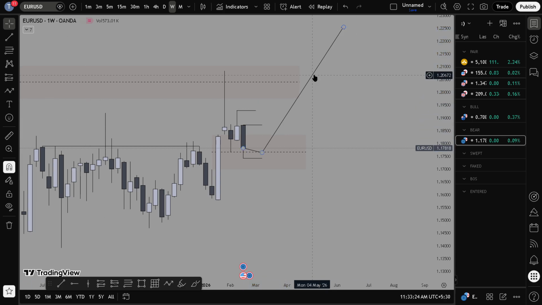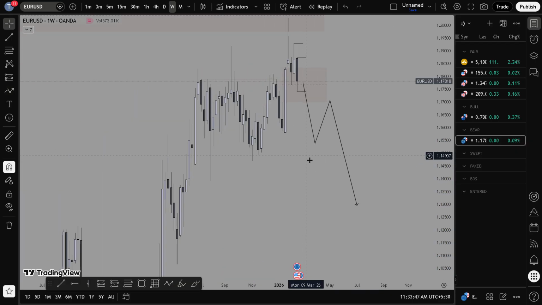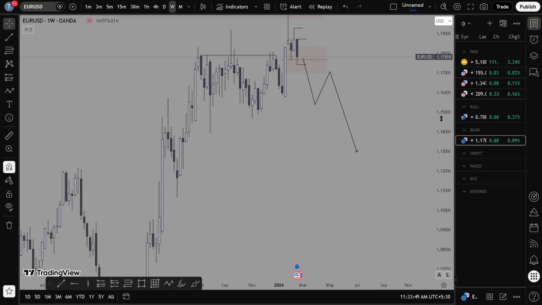That could be true. We don't know. Maybe price will break this support, give a little retracement once again, and then continue lower.